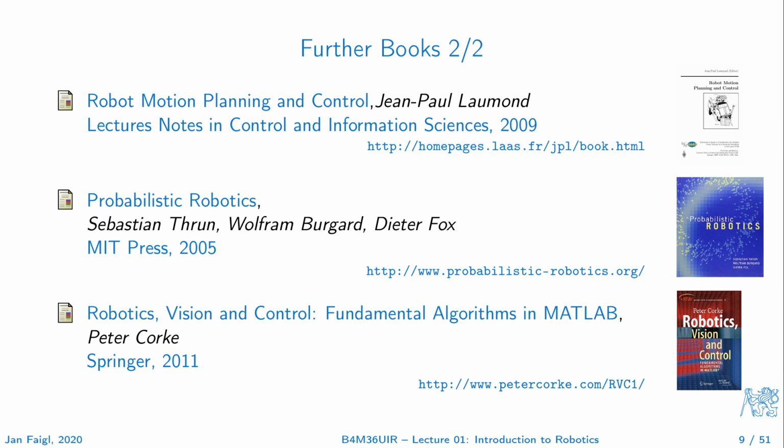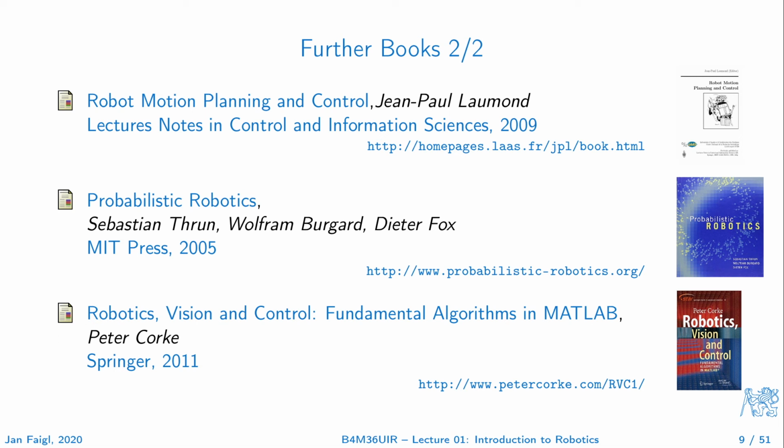Finally, this is less related to the artificial intelligence in robotics course, but it's also nice to be aware of: Robot Motion Planning and Control by Jean-Paul Laumond. You can find it online, and it is specifically targeted to control and related motion planning. It's more control oriented.